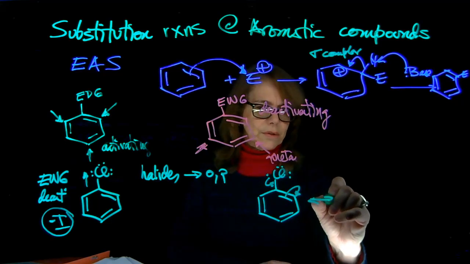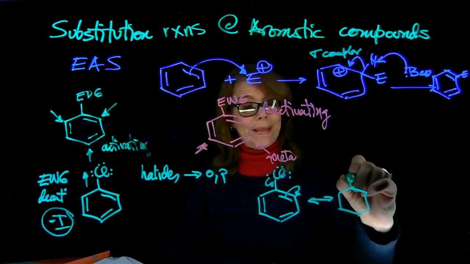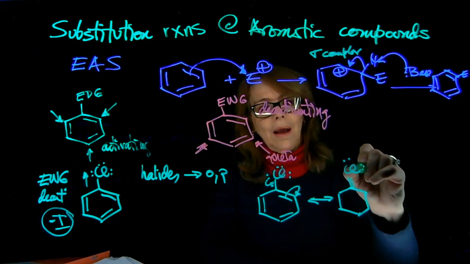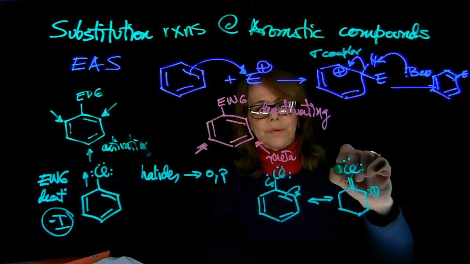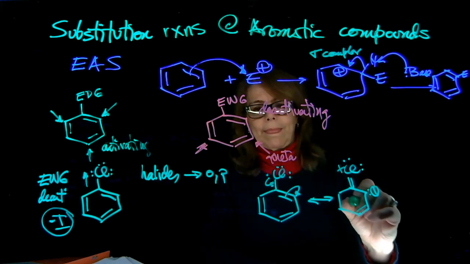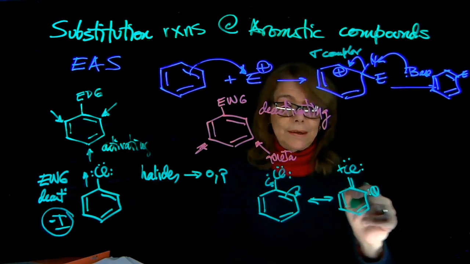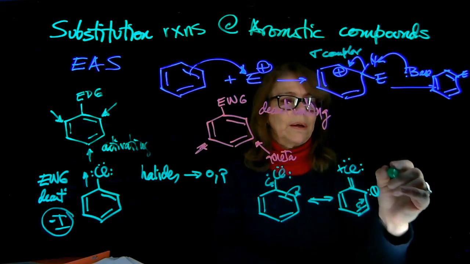And remember that chlorine can have more than 8 electrons around, so we're not breaking the octet rule. So here, I'm going to have the following structure, and you can continue doing that, creating negative charge at ortho and para.